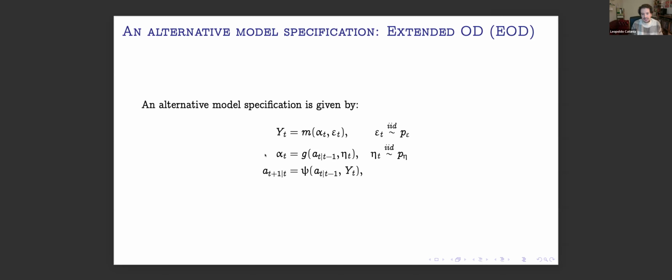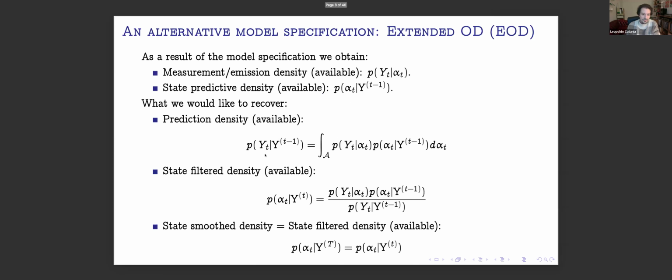And the second reason is that, as I will show you later, it is possible to obtain an extended observation-driven representation of usual observation-driven models. And this representation is going to be more insightful, in my view, to understand the structure of the observation-driven model we started from. I'm going to be more clear on this point later.